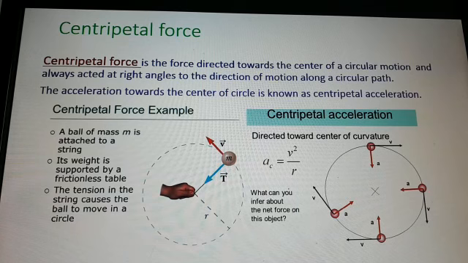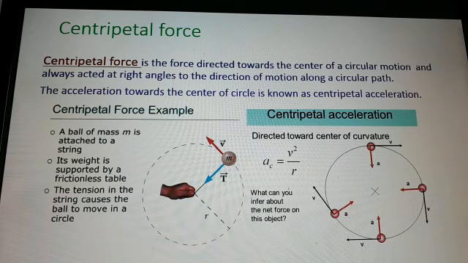Because the direction changes, the velocity changes. When velocity changes, what happens to the ball? The ball accelerates, so a force must act on the ball. In this way the centripetal force is acting. Centripetal force means the center-seeking force. It is always directed towards the center and always acts at right angles.